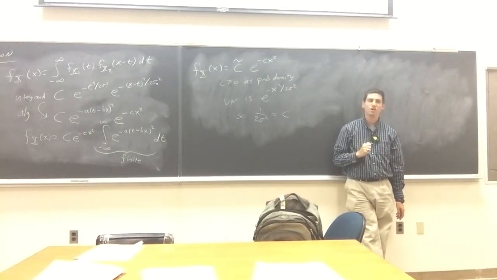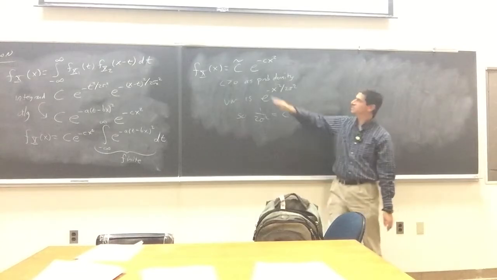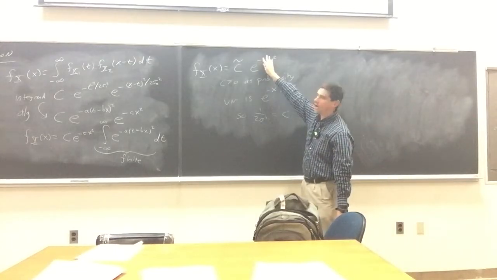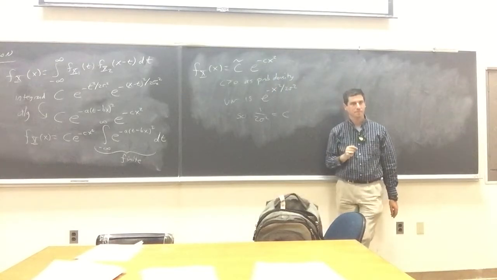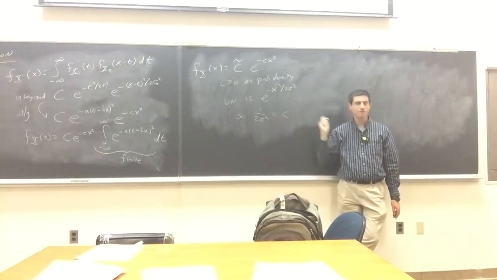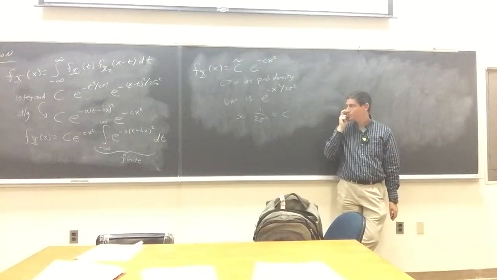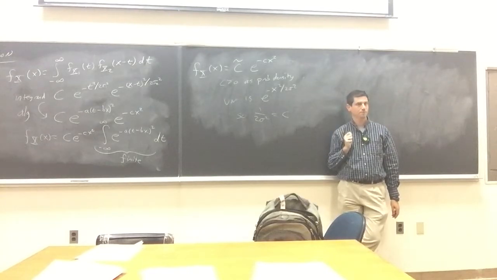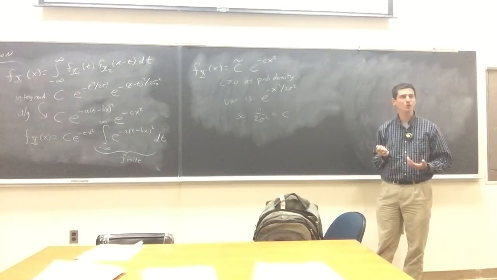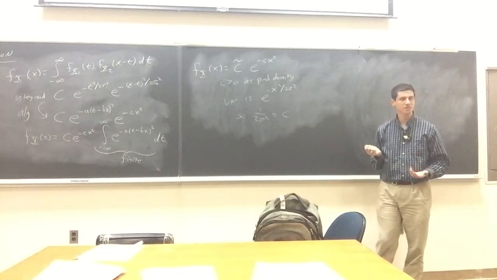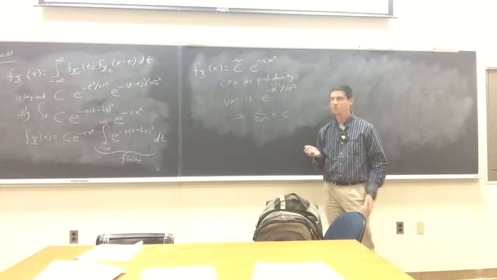So C has to be greater than 0, because if C were less than 0, then you have e to the positive x squared, and that would integrate to plus infinity. So if you actually want to figure it out, you would get C as 1 over 2 sigma squared. But we know if it's a normal, there's only one normal it can be. It has to be the normal with mean 0 and variance sigma 1 squared plus sigma 2 squared.